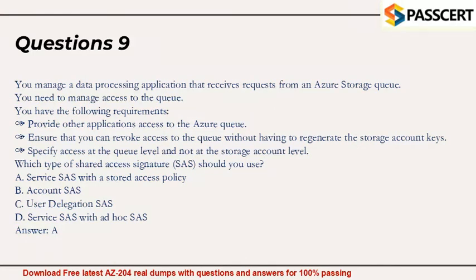Specify access at the queue level and not at the storage account level. Which type of shared access signature, SAS, should you use? A. Service SAS with a stored access policy. B. Account SAS. C. User delegation SAS. D. Service SAS with ad hoc SAS. Answer: A.